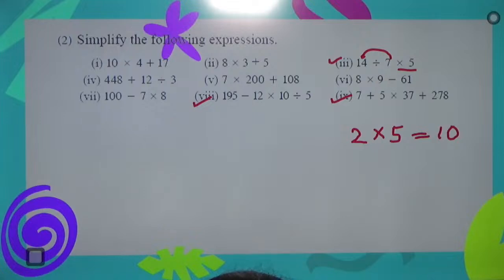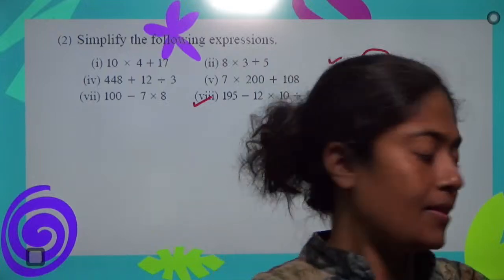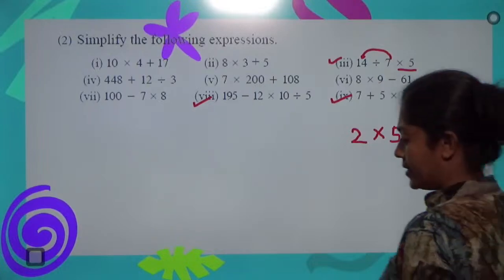This is the last one I can understand. Right, we'll discuss, then you can understand, right? Okay, teacher. Right.